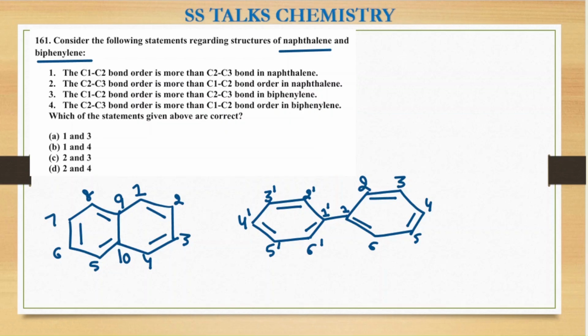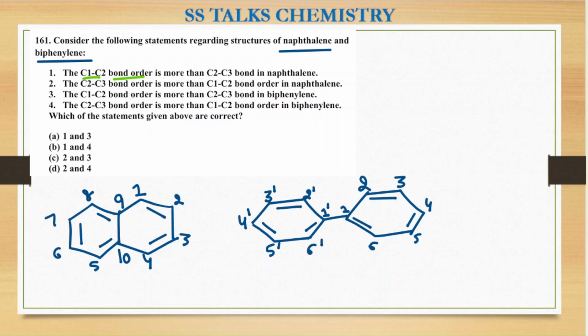So by looking at the structures of both of these, you have to compare the bond orders in there. The first statement says carbon 1 and 2 bond order is more. The more the bond strength or the double bond character, the more will be the bond order.